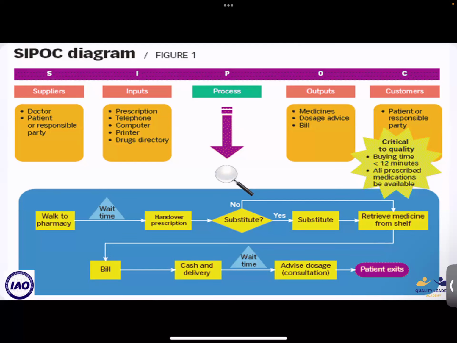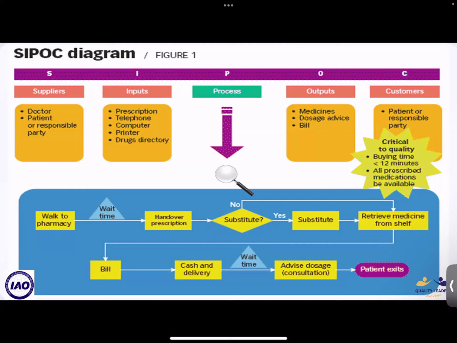Clear? Yes. I also have something else. Like the SIPOC diagram, which is considered process mapping in the case that you are working on a certain project. We said before that there is the identify phase, the design phase, and the develop phase. In the develop phase, we draw the SIPOC diagram.